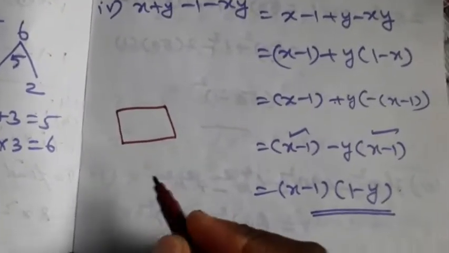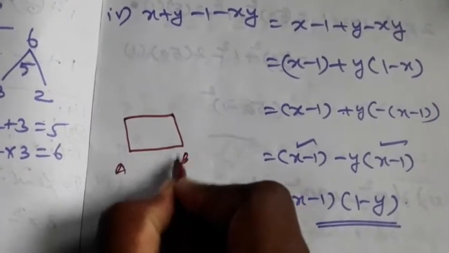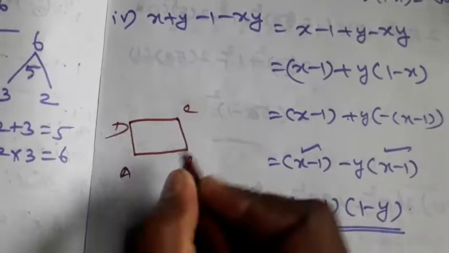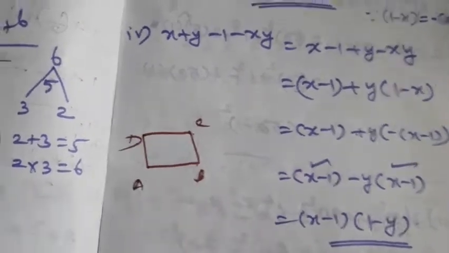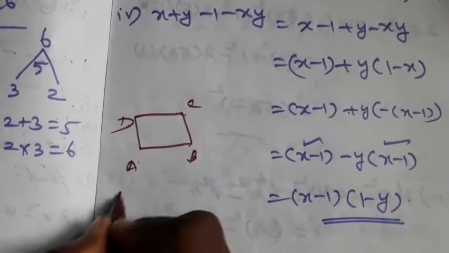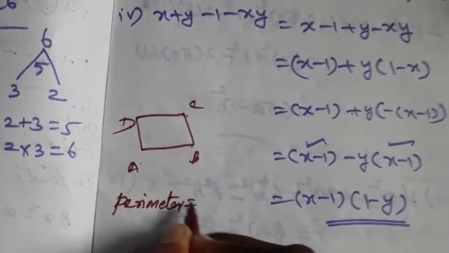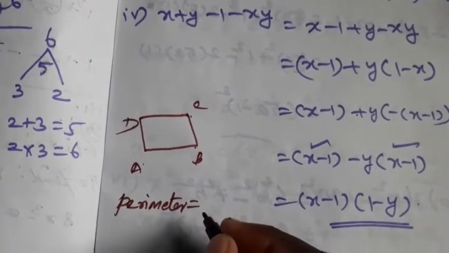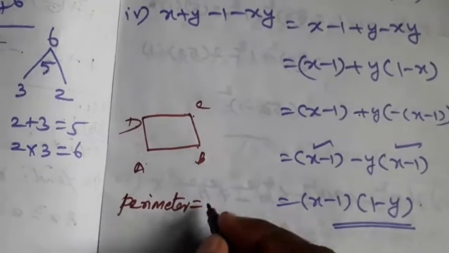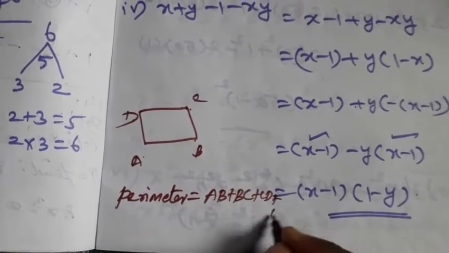It is the distance around. I'm taking A, B, C, D, giving the names. For A to B, B to C, C to D, then D to A, we want to add. That is a perimeter. Perimeter means distance around the rectangle. Therefore AB, BC, CD, DA.